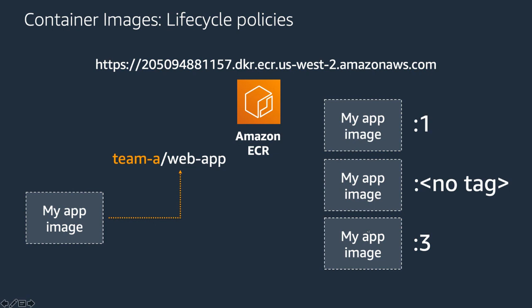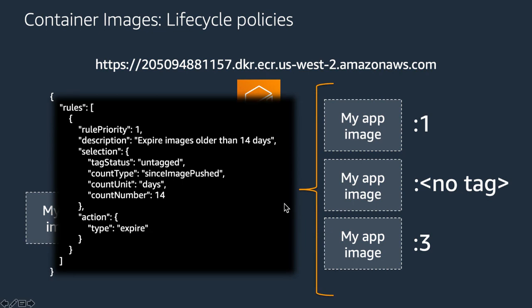For example, you can have an app image which you've given version number 1, an image app which you've given version number 3, and another app image which has no tag or something like that. Then you can define a policy that if there's no tag, you take specific actions as part of it. So you can define this kind of automation to keep your repository nice and clean.